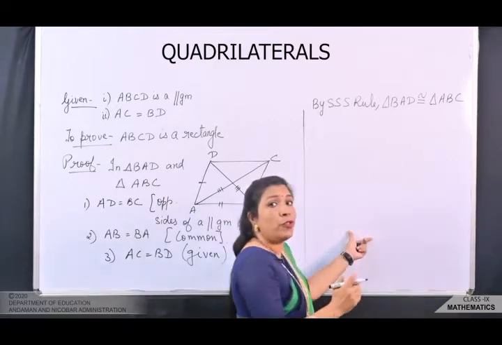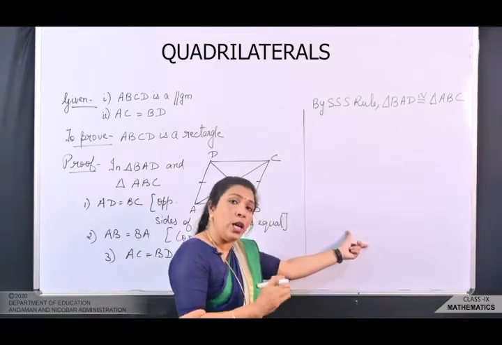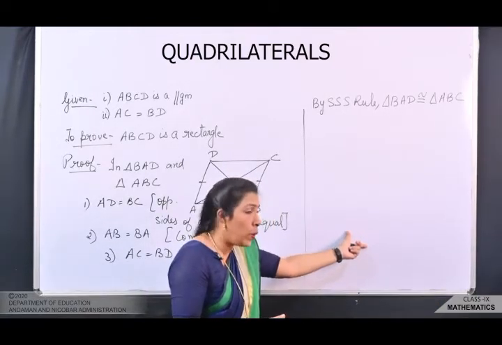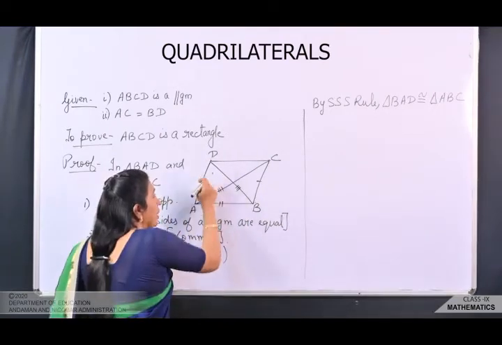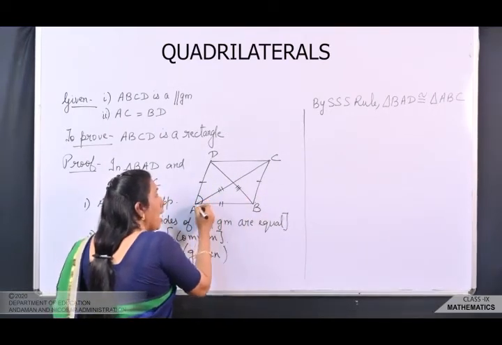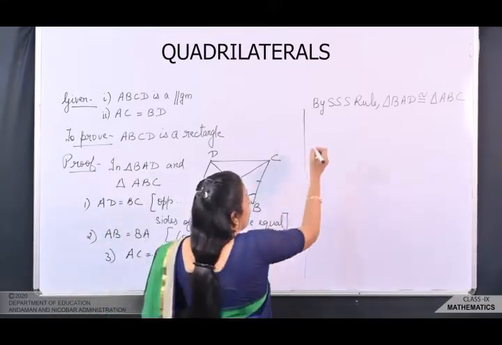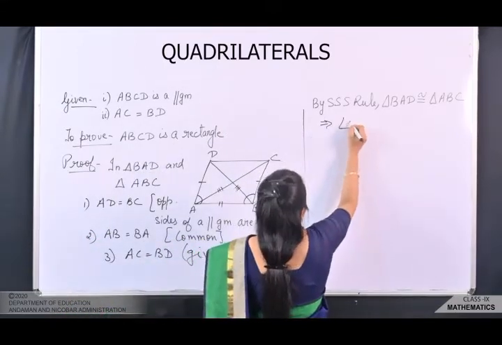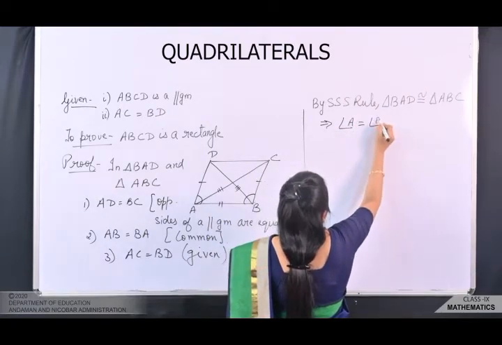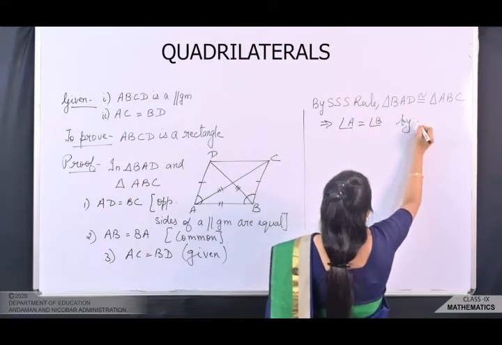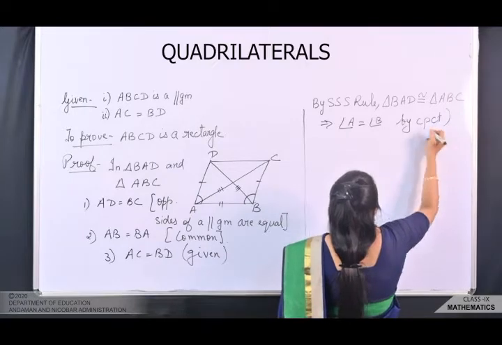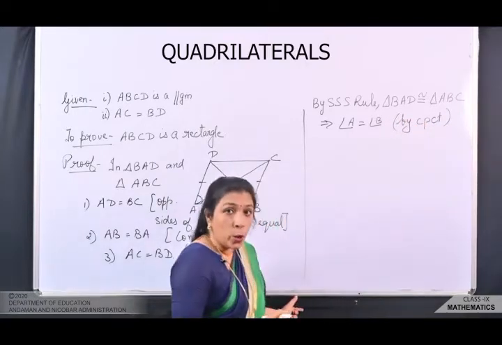Okay, we have proved that both the triangles are congruent. So all the corresponding parts will be equal, which means here in this triangle angle A and in this triangle angle B, both are equal. So implies angle A is equal to angle B. The reason is by CPCT. दोनों इक्वल हो गए.